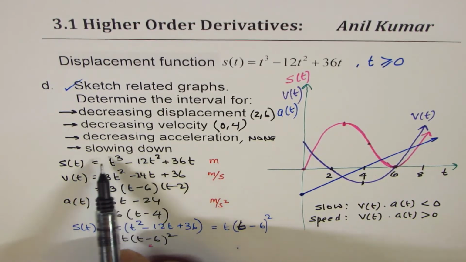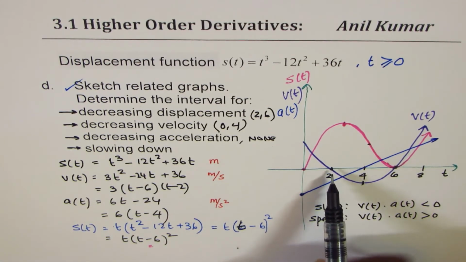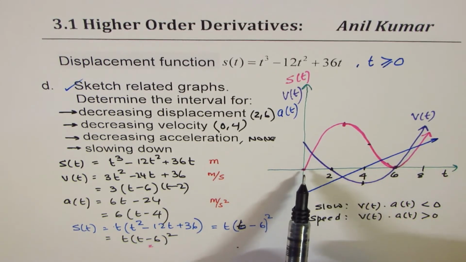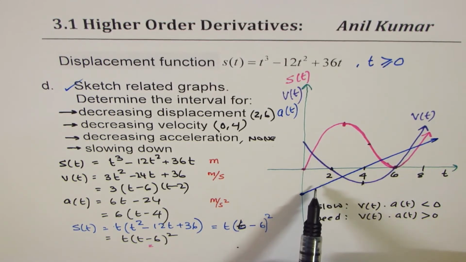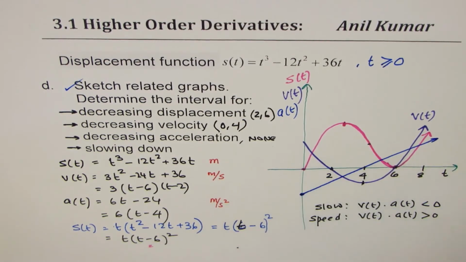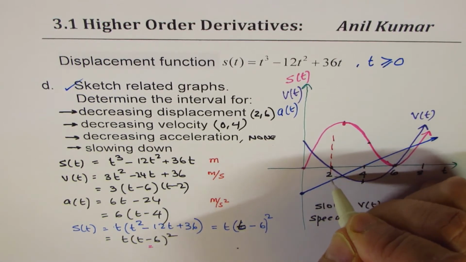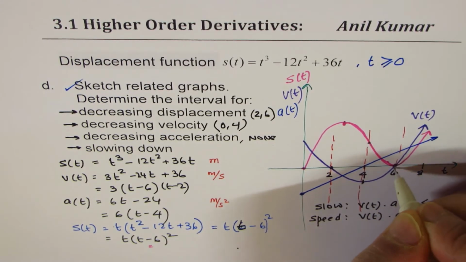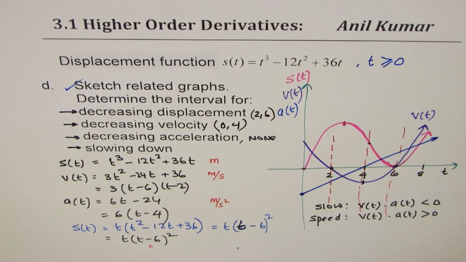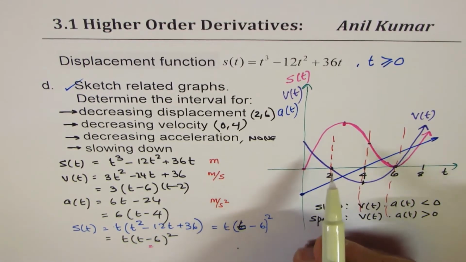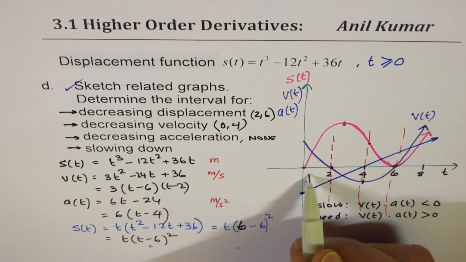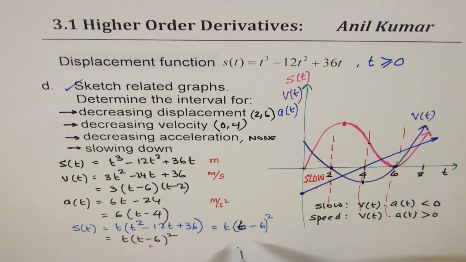Now when we are interested in slowing down, we are looking for intervals where both have opposite signs. To begin with, velocity is positive, negative for acceleration. Let me mark the intervals where the sign is changing. These are the intervals where we see a change of sign for velocity and acceleration. In the first interval, acceleration is negative, velocity is positive, so that is slowing down.